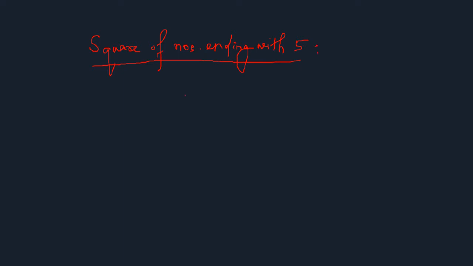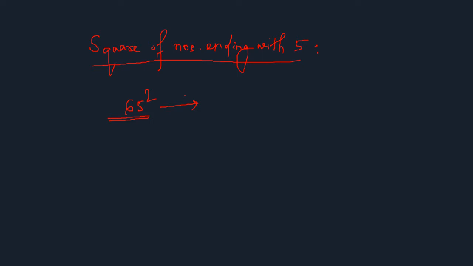Let's say, for example, I take 65 square. As I had mentioned in the heading, this is a number which is ending with 5. This is a 2-digit number which is ending with 5. Now 65 square, how do we calculate it?